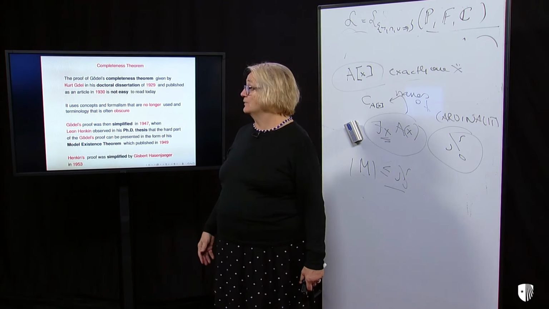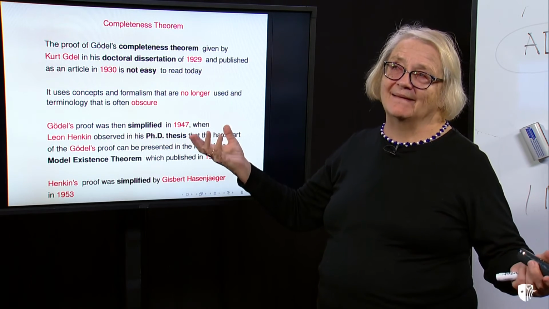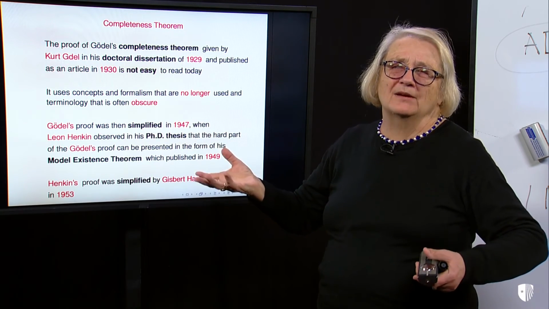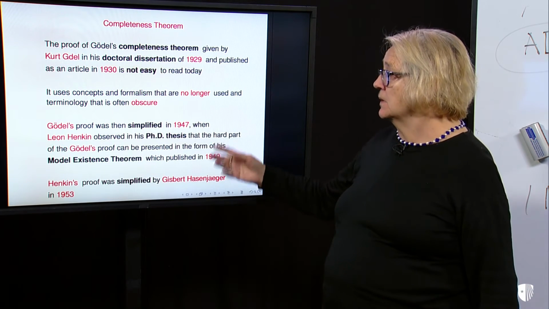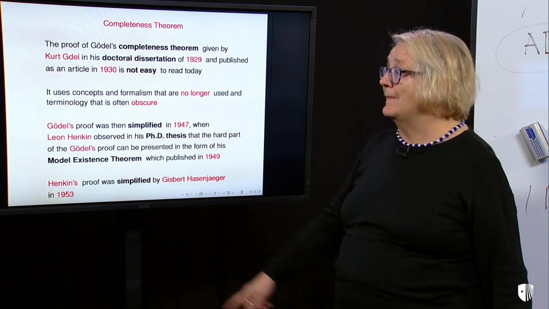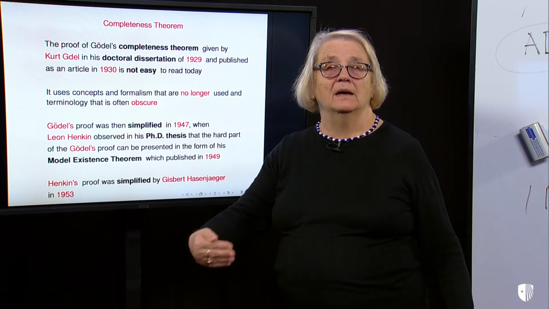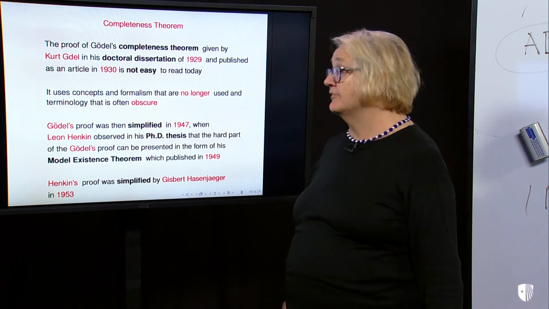But at that time, the proper uniform language wasn't yet developed, though the ideas were there. The Gödel proof was simplified 17 years later by Henkin. That's why we took the Henkin method, and that's why we did the whole Henkin construction.